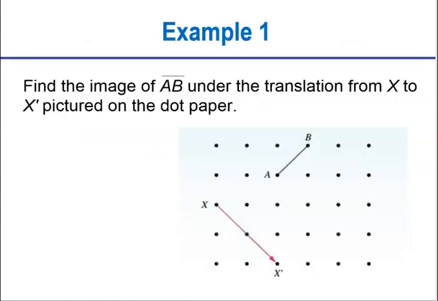Now for our first official example, we're instructed to find the image of AB, so you see the line segment here, AB, under the translation from X to X primed pictured on dot paper. Okay, so we're supposed to do to AB what happened right here from X to X prime. Now let's talk about this.